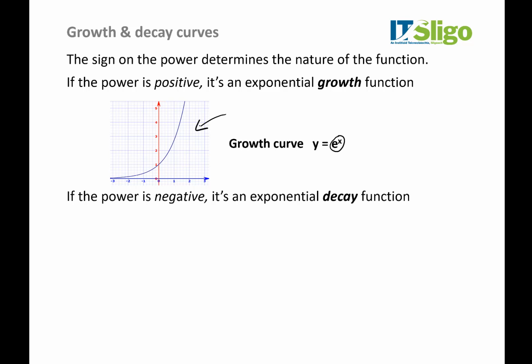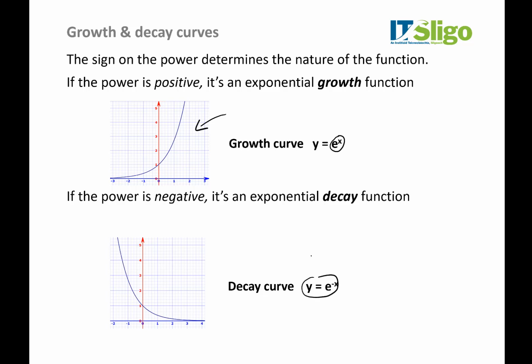If the power is negative, it's a decay function, and again it has a typical graph. The function can be written with loads of different letters, as we'll see, but what you're really looking for is whether the sign on the power is positive or negative.